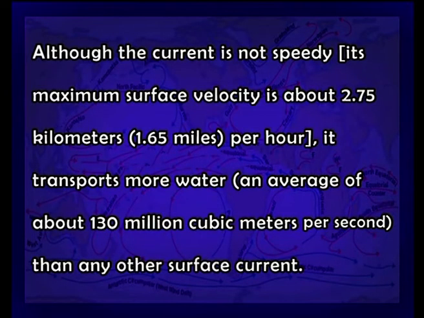Although the current is not speedy, its maximum surface velocity is about 2.75 kilometers, that is 1.65 miles per hour. It transports more water, an average of about 130 million cubic meters per second, than any other surface current.